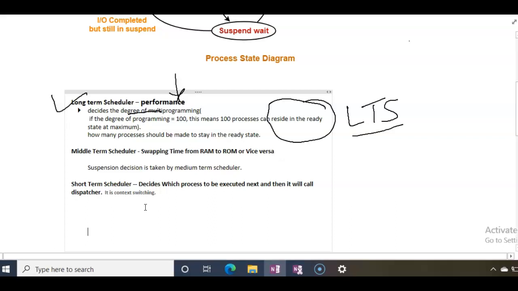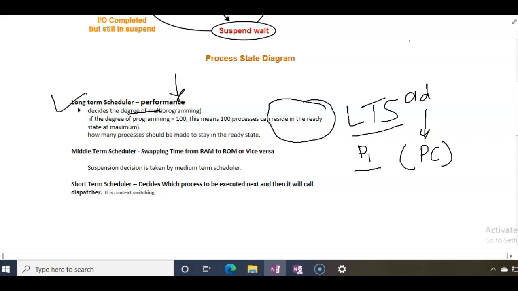And now next is the short-term scheduler. It is very important. It controls the context switching, and it decides which process should execute next, and it will then call the dispatcher. If you want to see what the work of the dispatcher is, say a process P1, and I will upload the video for computer organization, then we will understand there is a program counter which stores the address of the next process to be executed.